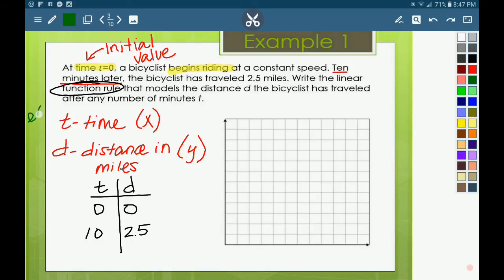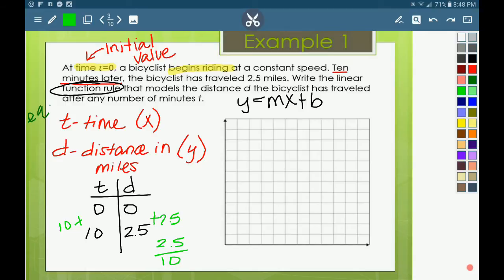They want us to create an equation, which means you need to think about y equals mx plus b. So let's first calculate the rate of change from the table that we created. So I see my time increased by 10, and my distance increased by 2.5. Rise over run, 2.5 over 10.